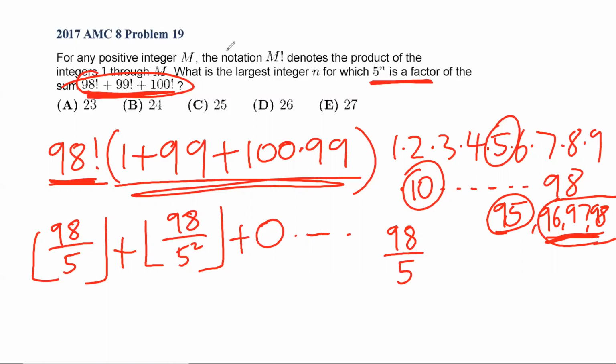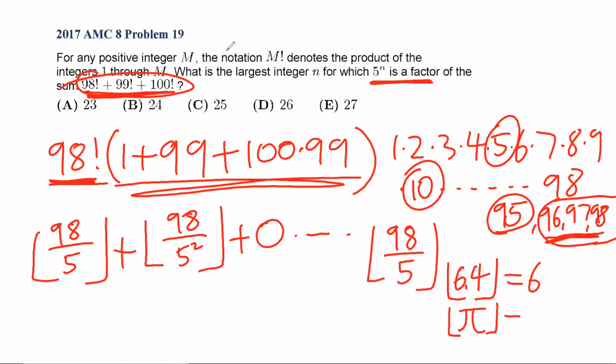So that's why you have to take the floor function. Basically what the floor function does is whatever you plug into it, it always outputs the greatest integer that is less than that number. So for example, if I plugged in 6.4, took the floor function, that would equal 6. If I plugged pi into the floor function, I would get 3, because pi is 3 point something.